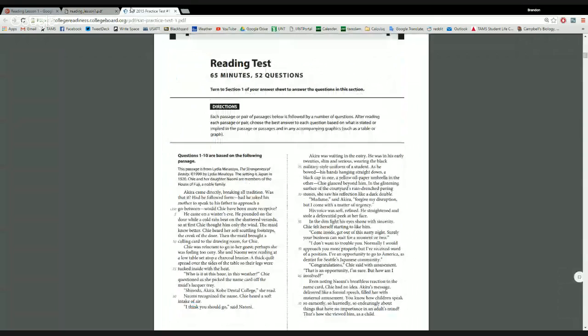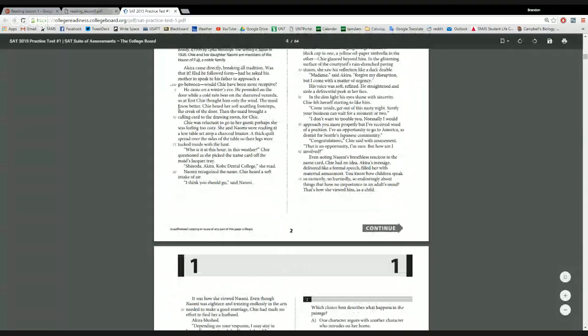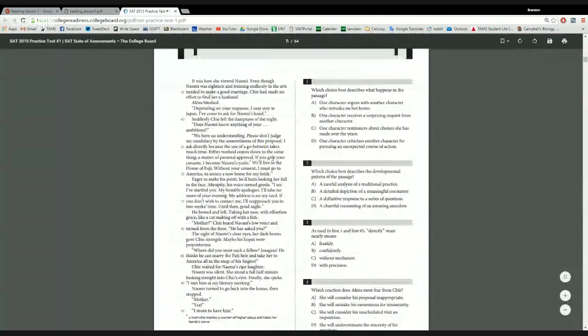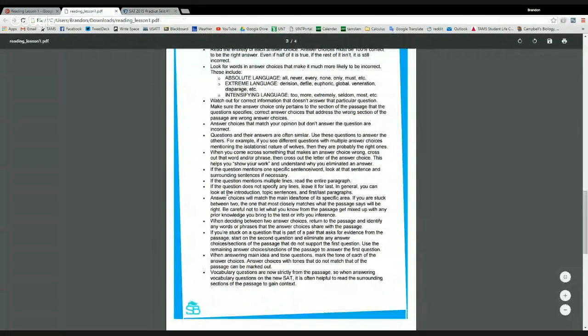So we'll go over later a few of the practice questions in the first reading passage of this practice test, and I'll show you some of those strategies.